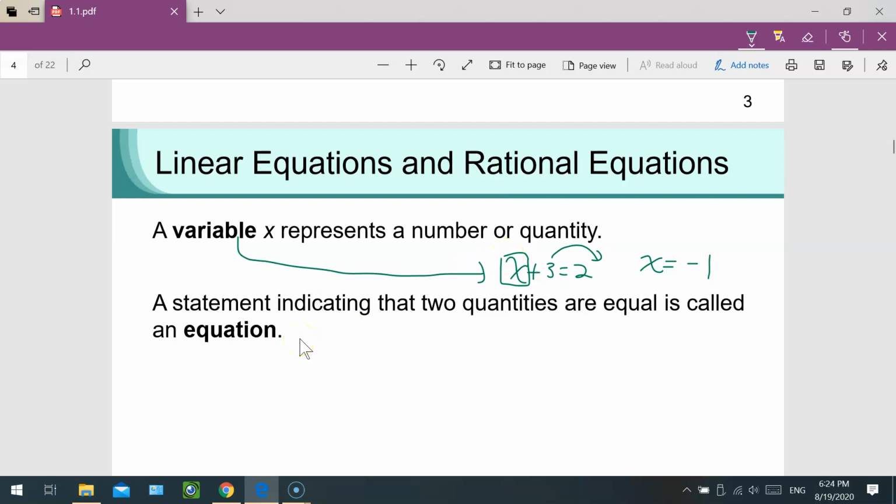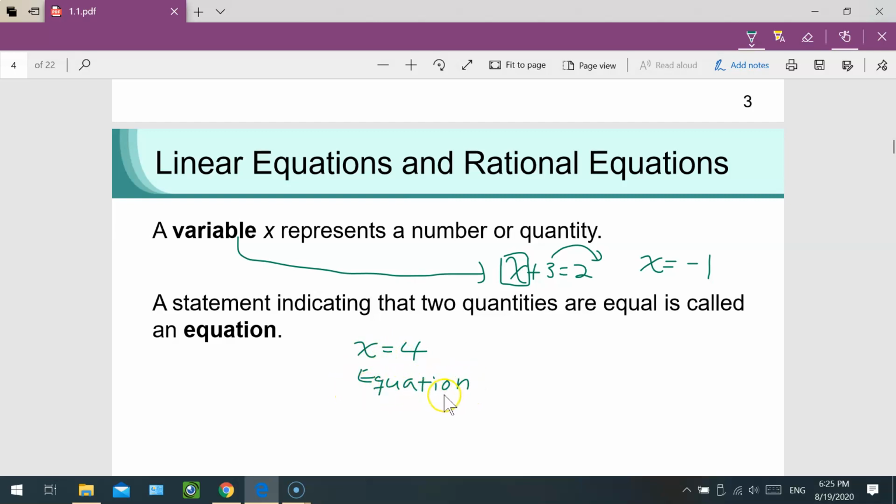A statement indicating that two quantities are equal is called an equation. So the characteristic of an equation would be x equals 4, right? So there's an equal sign in between. So this would be the equation.